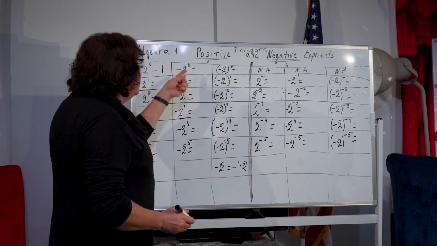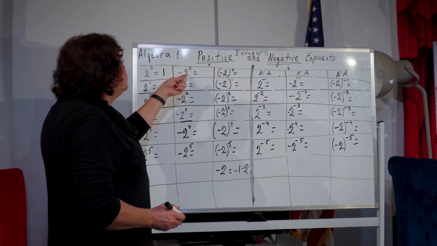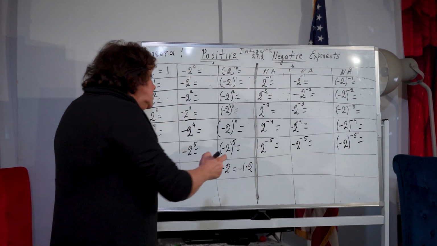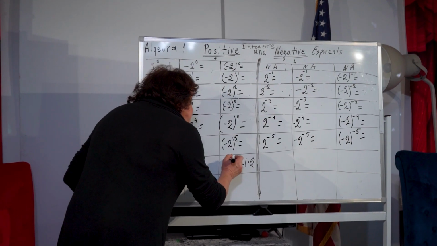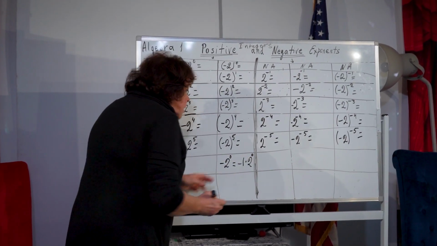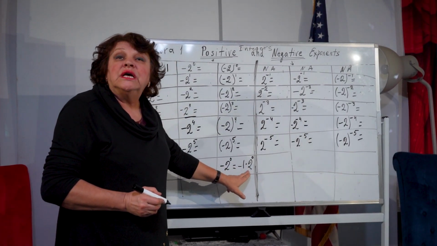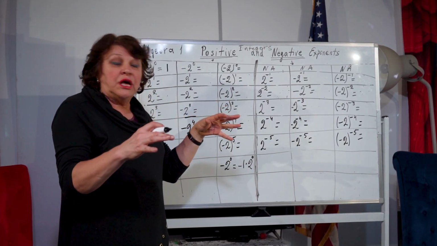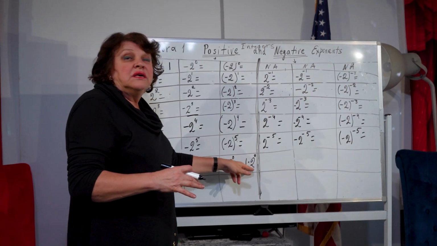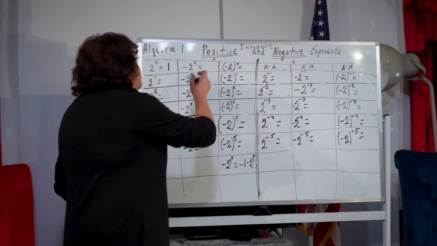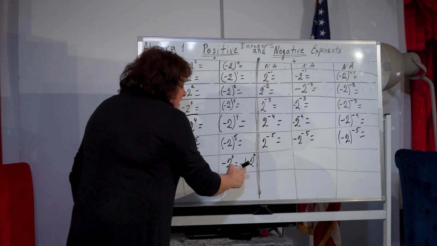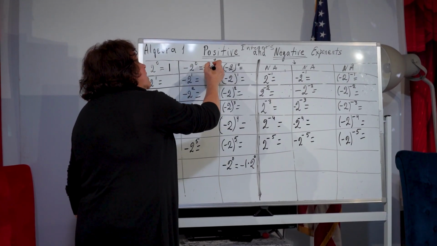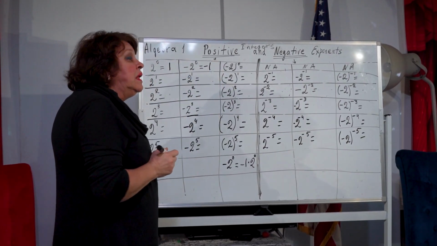So if you bring negative 2 to the power of 0, it's only this 2. Number 2 is to the power of 0. But negative 1 we do not touch. So in this case, it becomes negative 1, because 1 times negative 1 equals to negative 1.